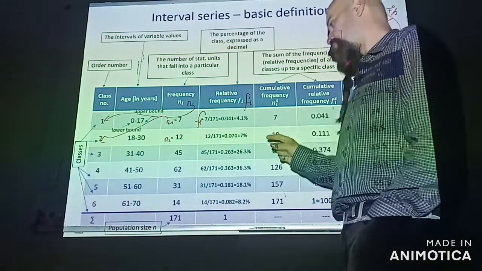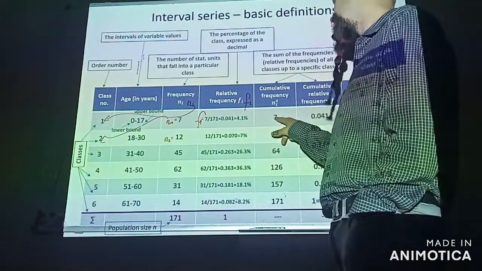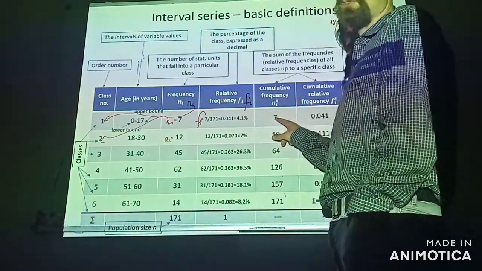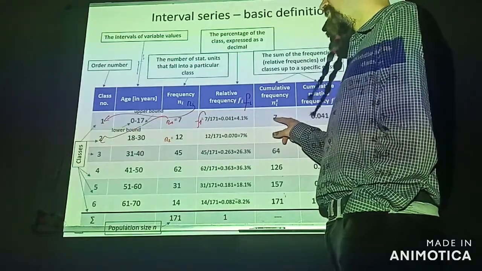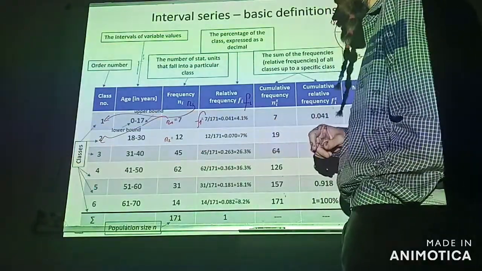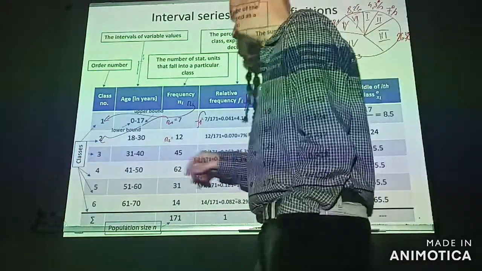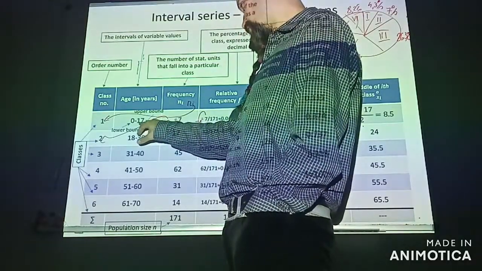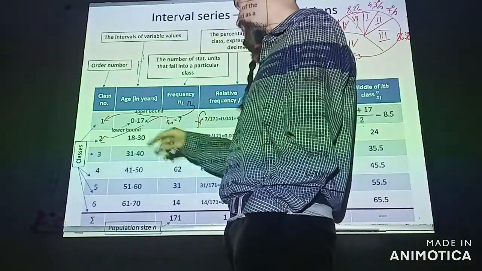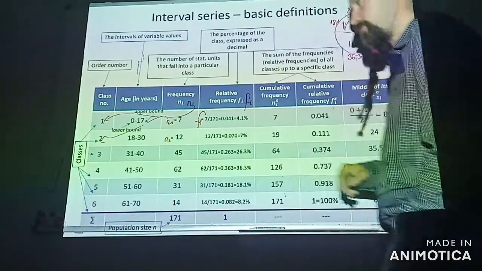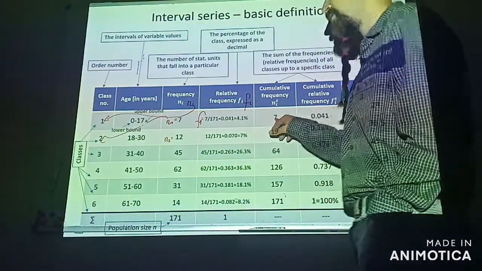For example, here we have the first value 7. It answers the question, how many people are no more than 17 years old? The answer is 7.